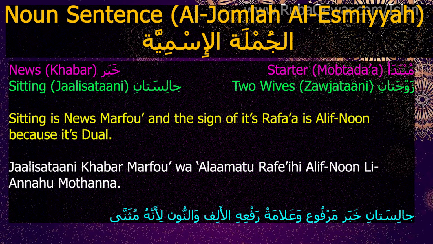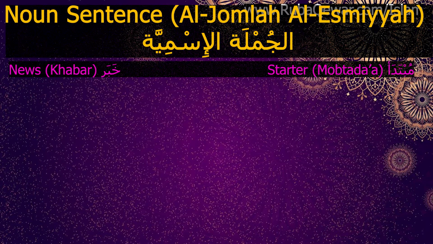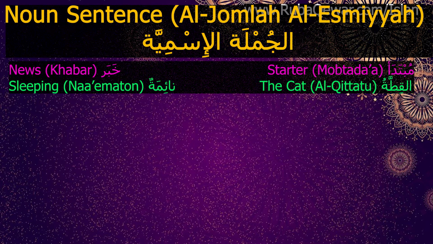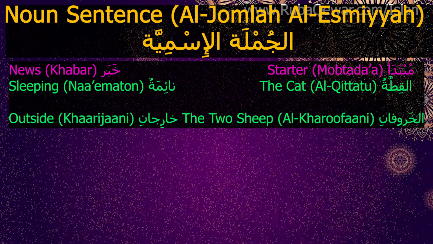Yes. Alright. I'm gonna give you the words and you're gonna tell me which one is مبتدأ, which one is خبر, and what is the sign of the رفع of it. Okay? So for example, القطة نائمة, sleeping. Cat sleeping. Then الخروفان خارجان, outside.